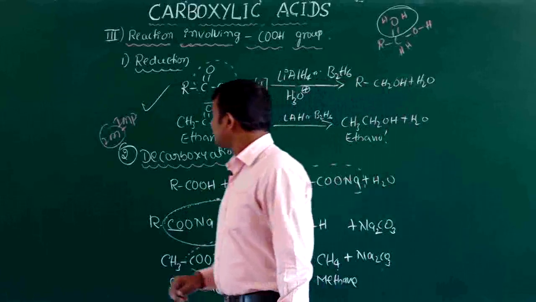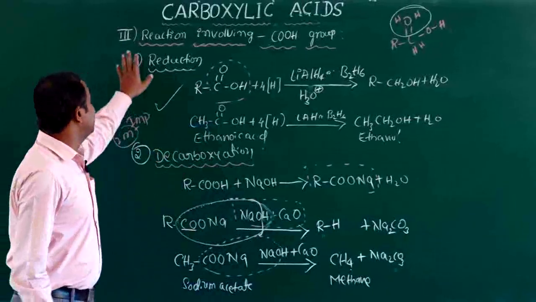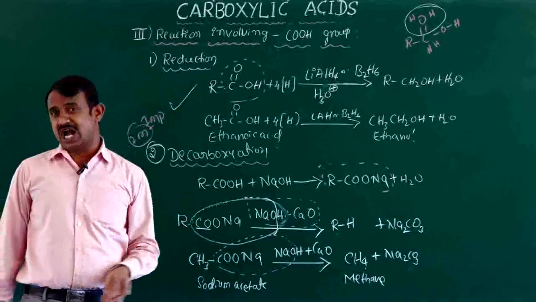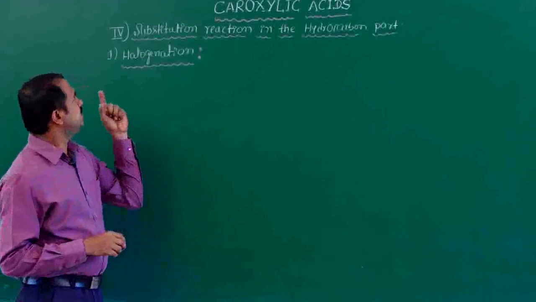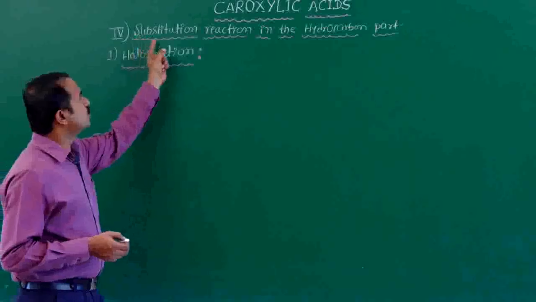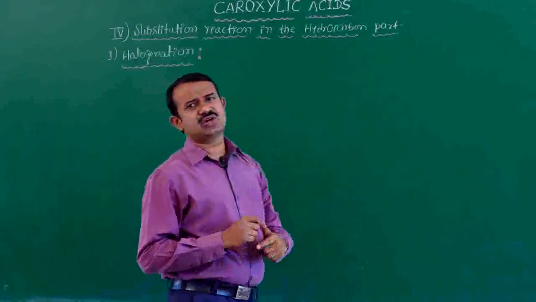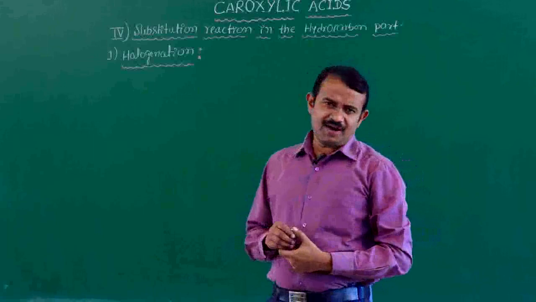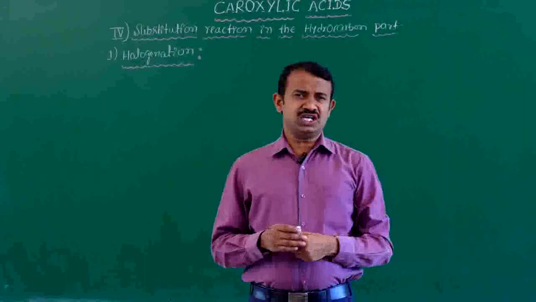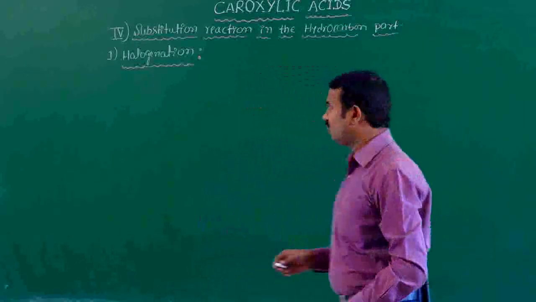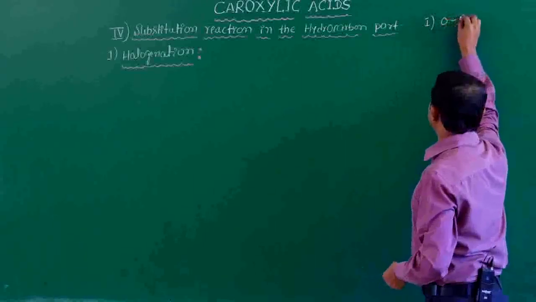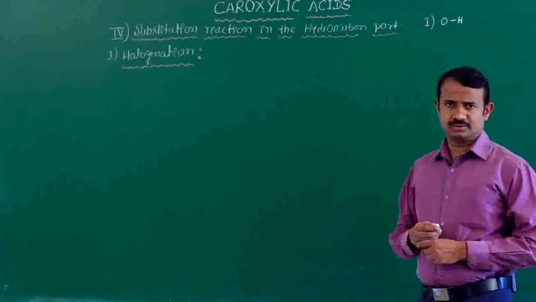Okay, next we will go for another substituent group. It is a reaction involving carboxylic acid. Next we will go for substitution reaction, another one of the important reactions, substitution reaction in the hydrocarbons. In carboxylic acid, the first one is reaction involving the oxygen and hydrogen bond.